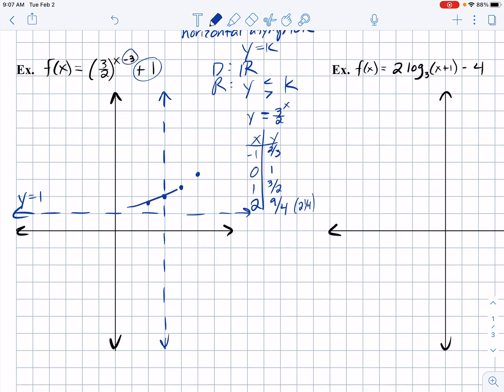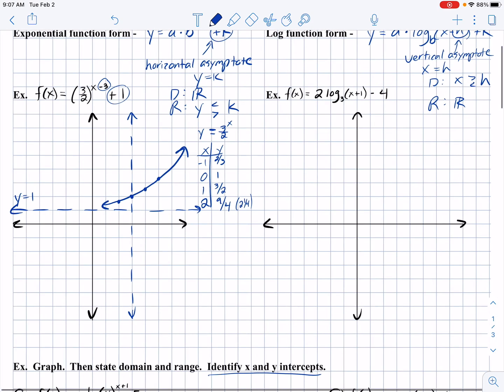All right, so we have a graph that looks like this. Curving up, not as steep, because this is pretty close to 1, a base of 1.5. Let's state our domain and range. Domain, all real numbers. Range, everything greater than your horizontal asymptote of 1.